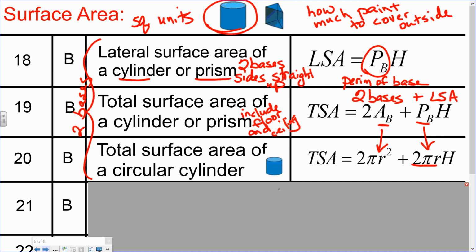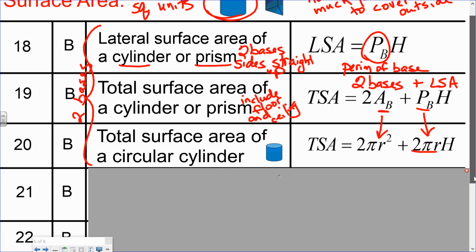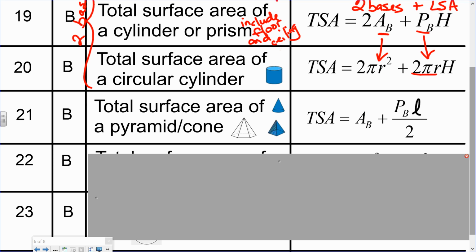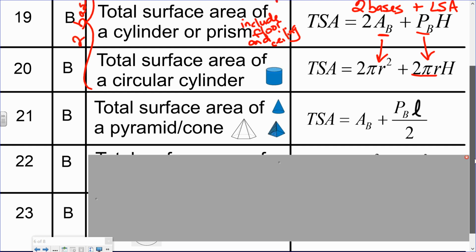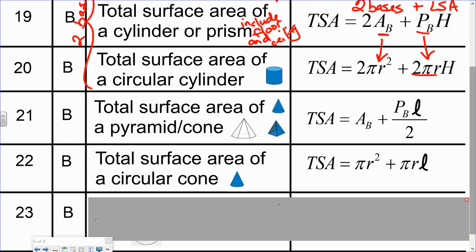Our next couple are cones, so they only have one base. I would still do the lateral surface area the very same way. The lateral surface area would still be the perimeter of the base. Or actually, no, forget that. Sorry, it is different for that.